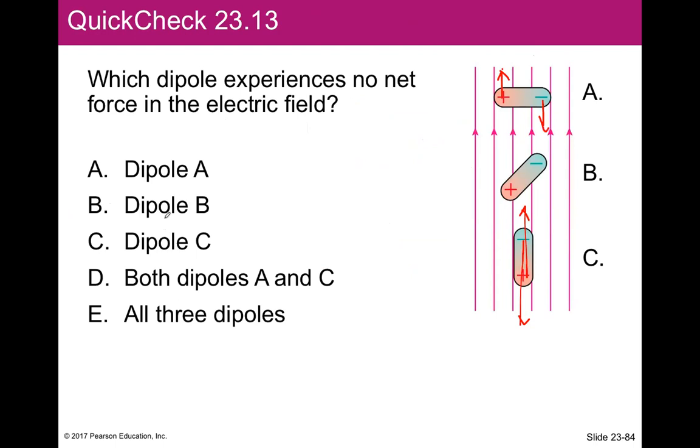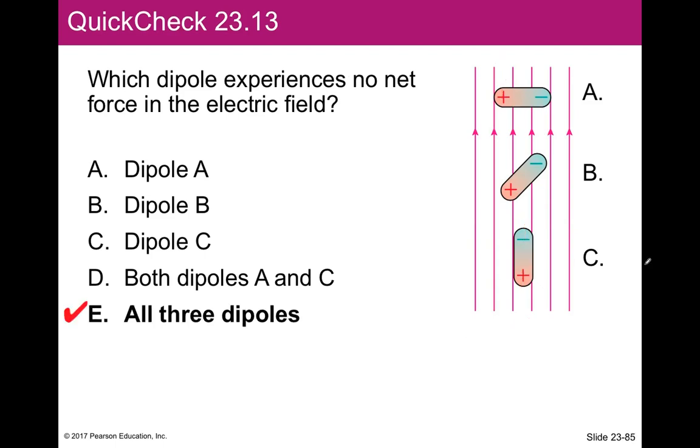But here, are we asking net force or net torque? We're asking net force. So let's say in case of A, you have a torque, but what is the net force? Still, the net force is 0.